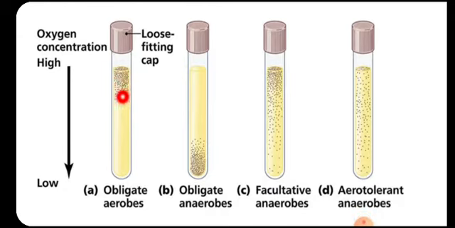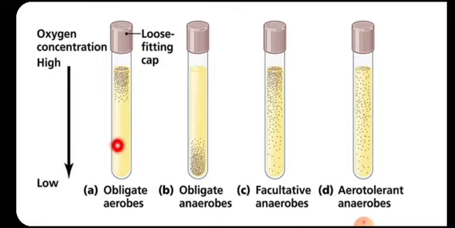Wherever oxygen is available, despite the presence of sodium thioglycolate, oxygen will diffuse in the upper layer, environmental oxygen. This is a semi-solid medium, so oxygen will diffuse from this direction, and the concentration of oxygen will decrease as we go in this direction. So there will be formation of a gradient, a high concentration zone and a zero concentration zone.